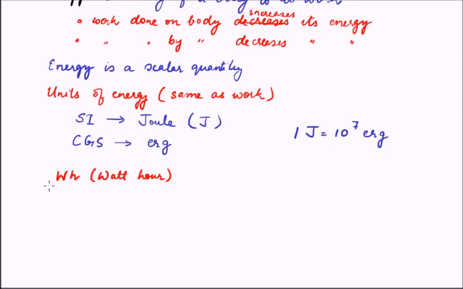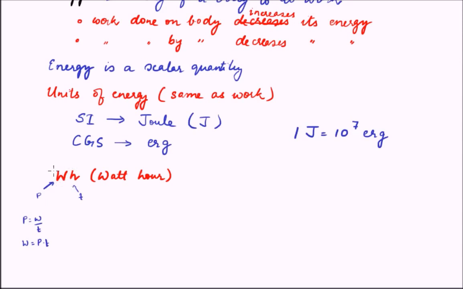This is for power, and this is time, and we know that power is work by time, therefore work can be expressed as power into time. That is exactly what is done here, power into time.